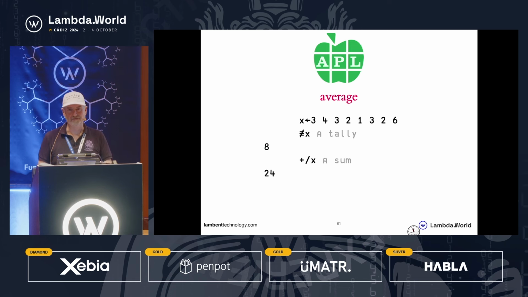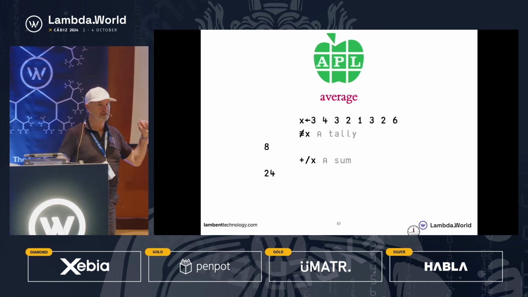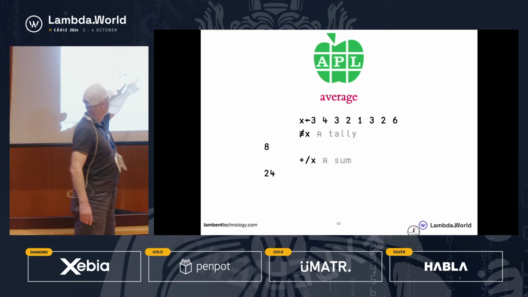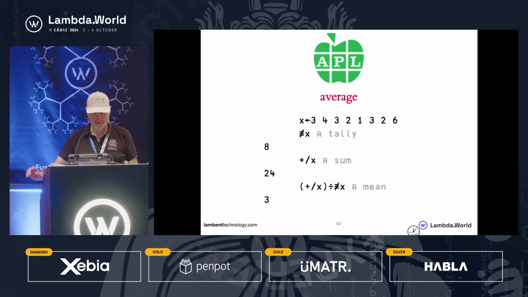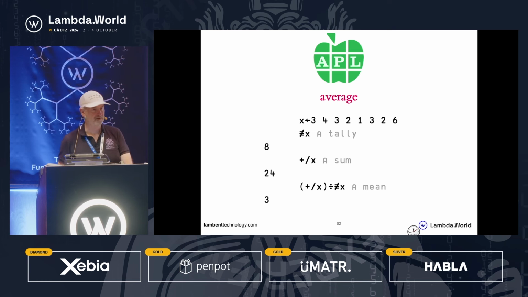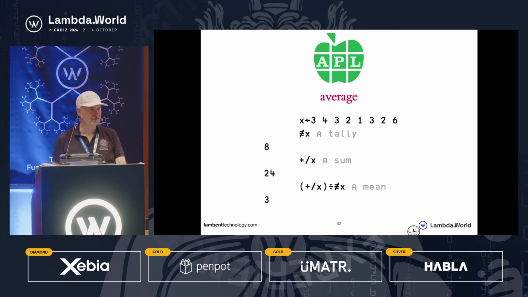I mentioned that MapReduce, or the reduce part of it, is a single character, so there's the sum of x. And the sum of x divided by the tally of x is, of course, the statistical mean.